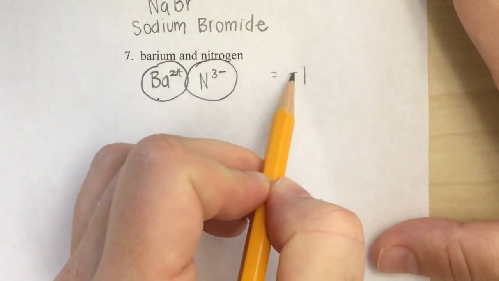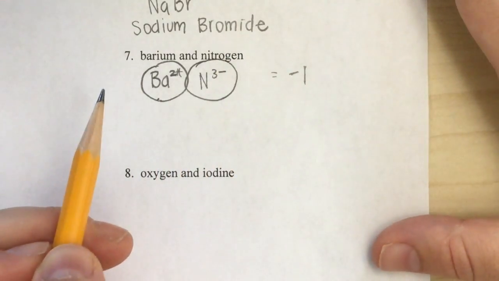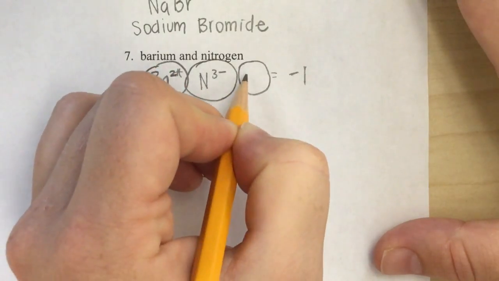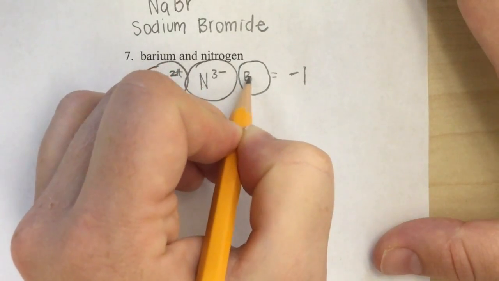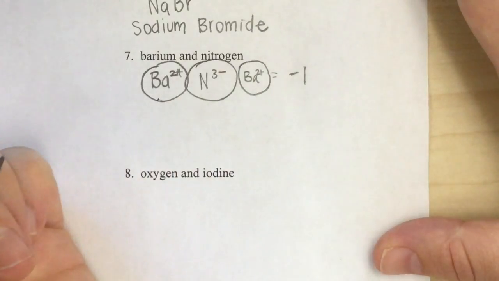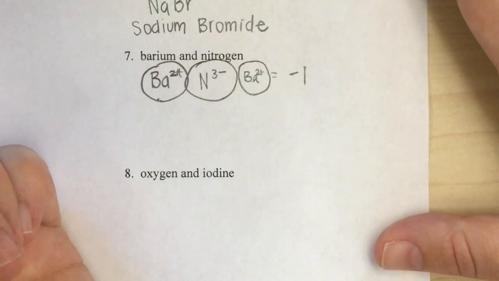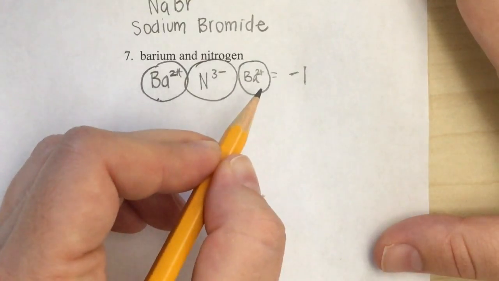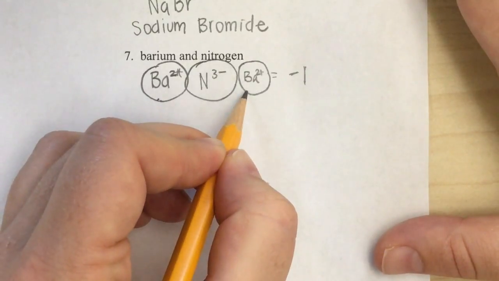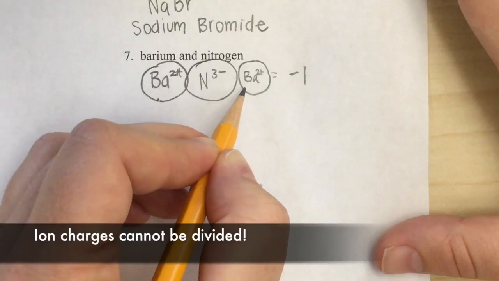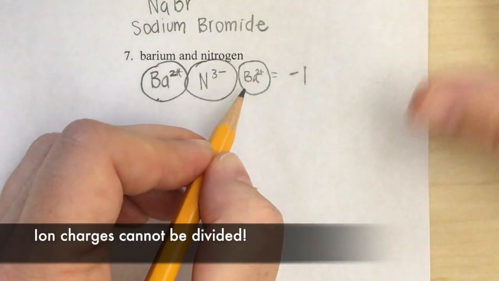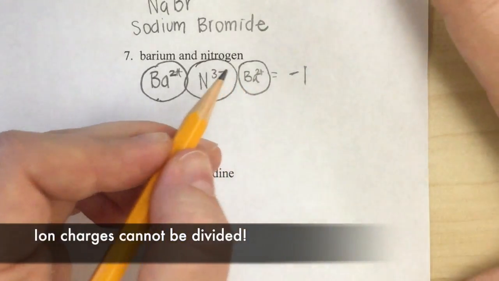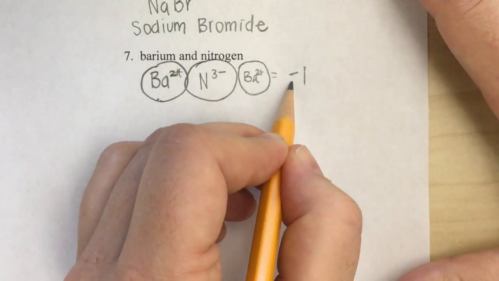And in order to satisfy this -1 charge, we'll need to add another positive barium ion to the other side of nitrogen. It's important to recognize here that we cannot break up the charge of the ions. One barium ion will always have a 2+ charge, and you can't split it up or move it around so it only has a +1 charge to satisfy this here.